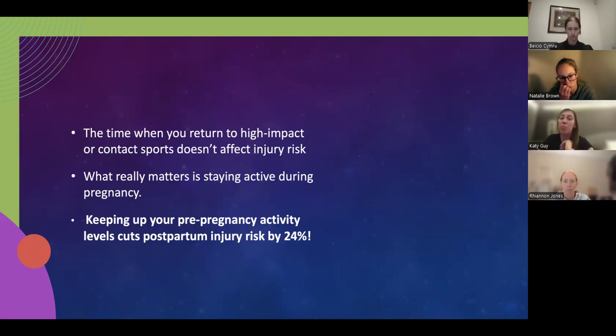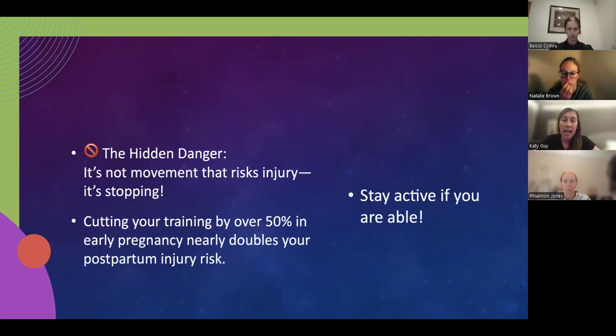So keeping up your pre-pregnancy activity levels cuts your postpartum injury risk by 24%. And if you cut your training by over 50% in early pregnancy, that nearly doubles your postpartum injury risk. So basically, the message is if you are able to stay active, because not only does it benefit your pregnancy, it'll benefit you postpartum as well.